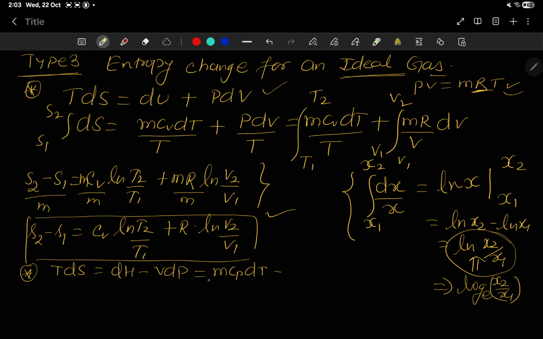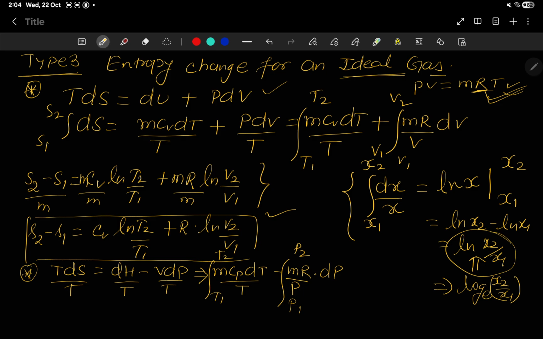If I divide it by T, this will be V by T. From this relation V by T equals mR by p into dp. Similarly, integrate it from T1 to T2 and from p1 to p2.